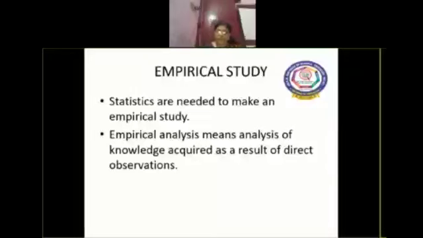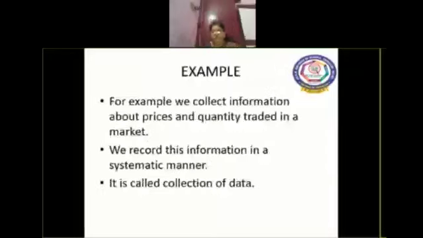One more example: if we go to the market and want to make a survey, what will we do? We collect information about the prices and quantities that are traded in the market. We record all the information collected in a systematic manner, maybe according to the price or according to the quantity purchased. So it is called collection of data.